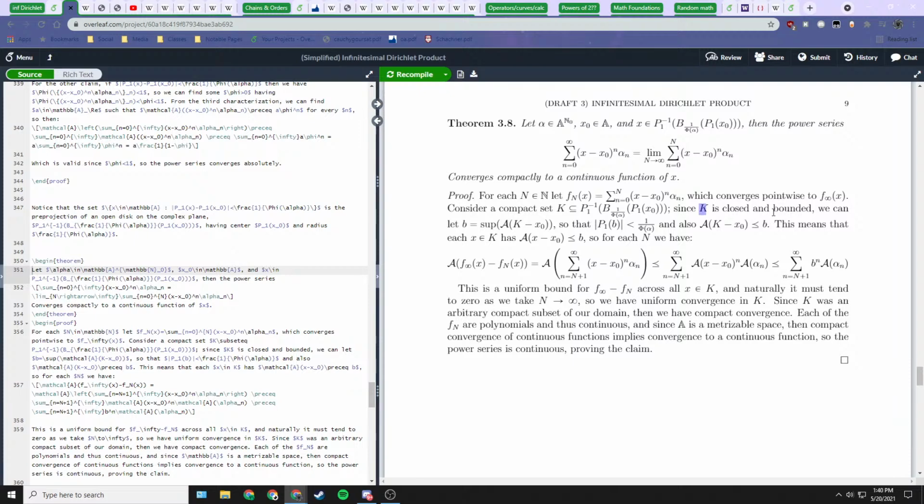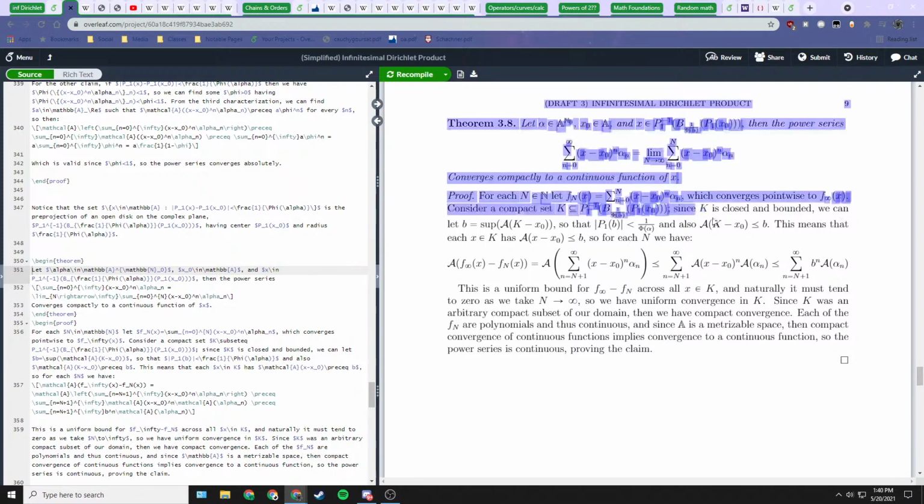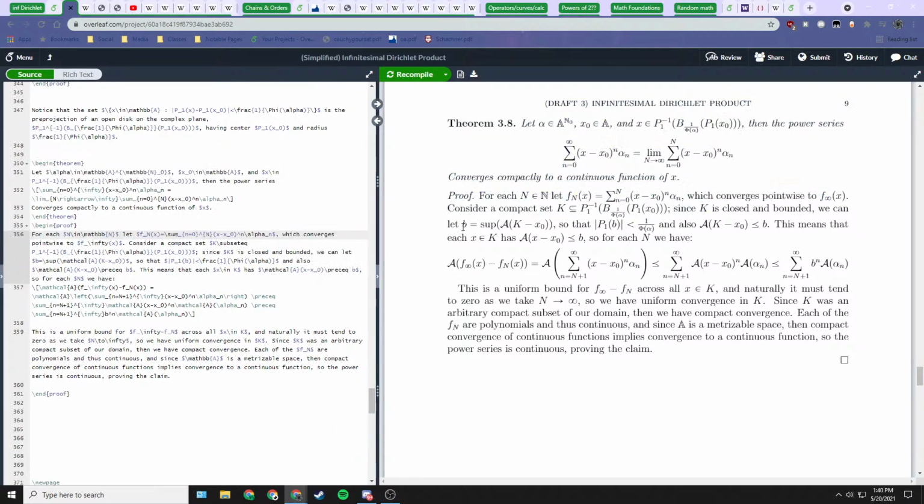Since K is closed and bounded, so K is compact, we can find some B as the supremum of the absolute value of K minus x0. If K is compact, then if we translate it by x0, that's still a compact set. So we take the absolute value of K minus x0, so the image under the A function, and we just take its supremum.